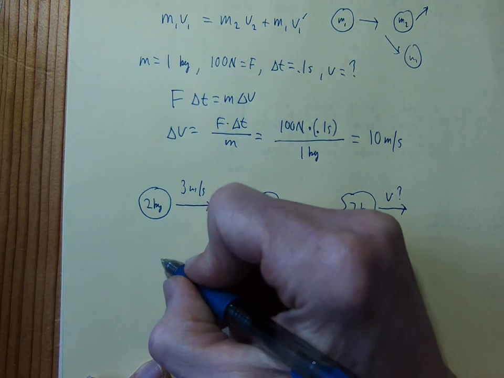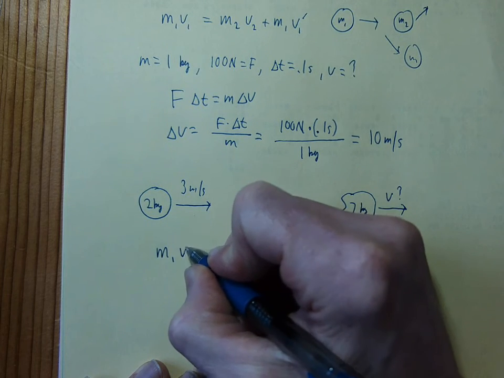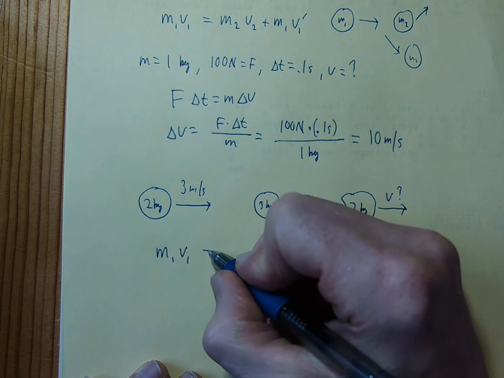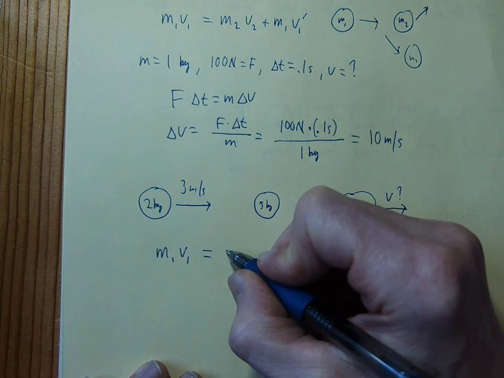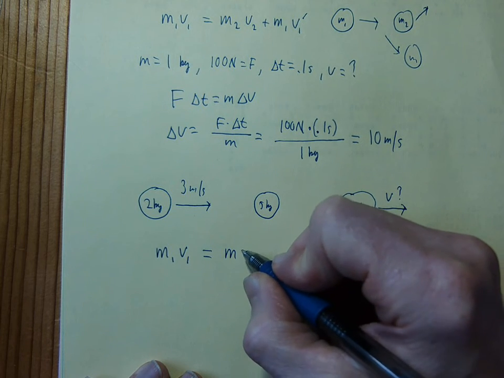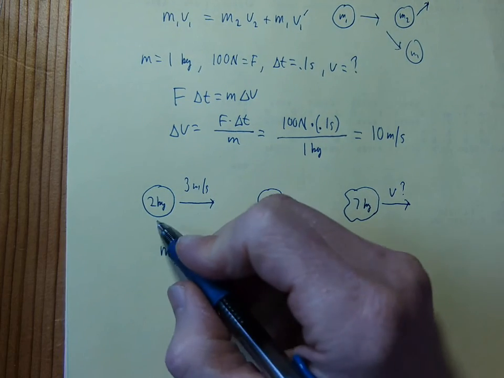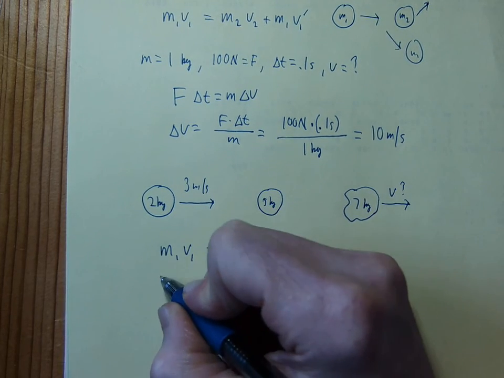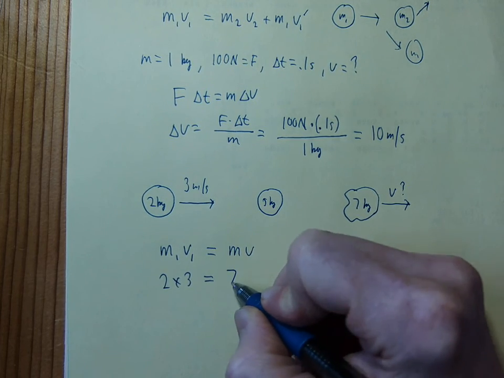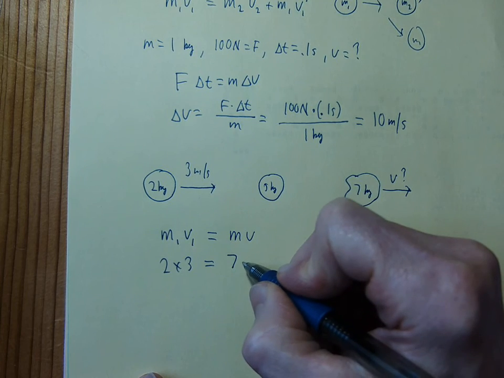So what we do is we say the momentum before, which is m1 v1, is equal to the momentum afterwards. So the momentum afterwards is the new mass times its velocity. Well, we know m1 v1, that's 2 times 3. And our new mass is 7, because they stick together, and so then times the velocity.